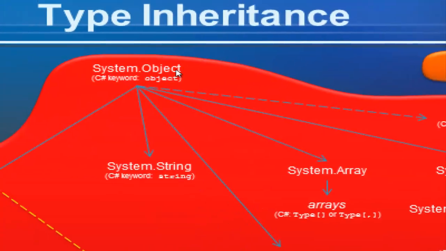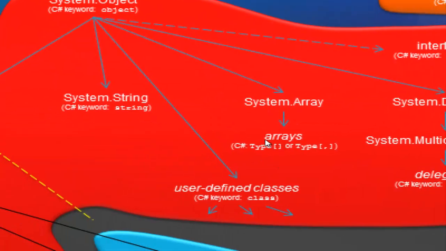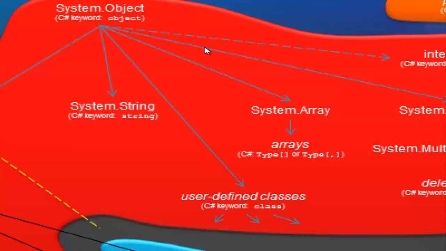Whatever data type that you create, that is whatever classes that you create, the employee, the student, and all those kinds of classes that you create, they also implicitly inherit from the object data type. So every object that you create automatically inherits from the system.object.